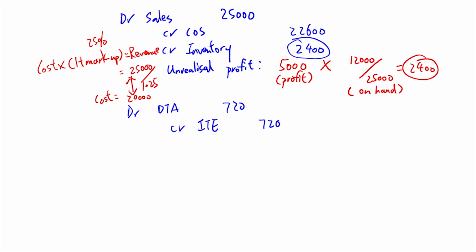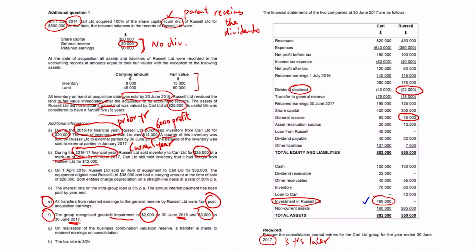Okay, the next one would be sales of non-current asset. If we look at additional information C, it says that Russell sold an item of equipment for $32,000. So this is a sale of equipment. Again, very importantly, need to look at the dates. As you can see, April 2016, which is more than a year away from the current year end.